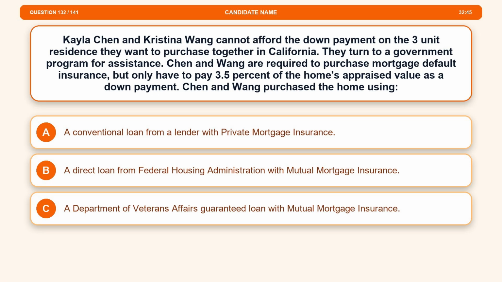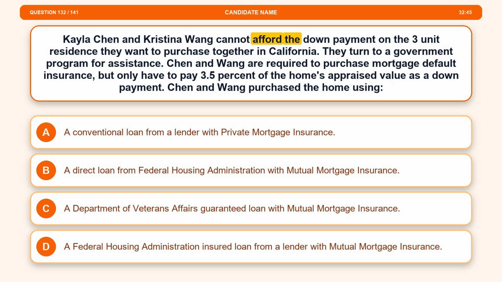Question 132. Kayla Chen and Christina Wine cannot afford the down payment on the 3-unit residence they want to purchase together in California. They turn to a government program for assistance. Chen and Wine are required to purchase mortgage default insurance, but only have to pay 3.5% of the home's appraised value as a down payment.